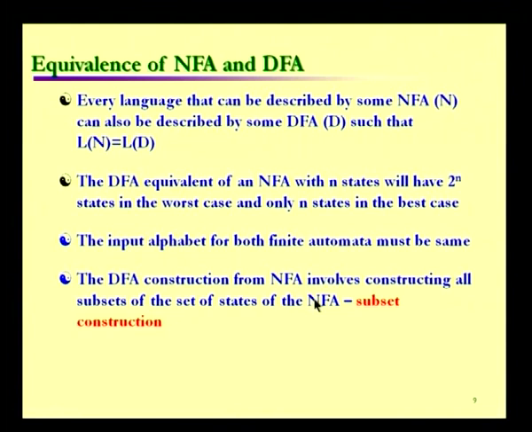The transformation is done by the subset construction algorithm, which constructs the deterministic finite automaton from the non-deterministic finite automaton by constructing the resulting states from the set of states available in the non-deterministic finite automaton.